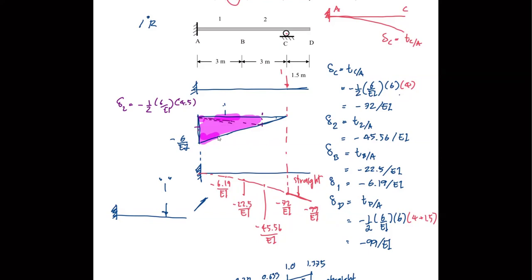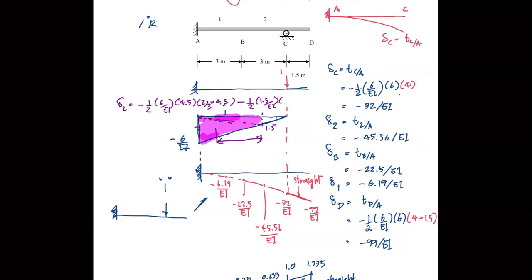And the distance here is 2/3 of 4.5, minus another one, the small one on top. The height is right here, the height is 1.5 over EI.